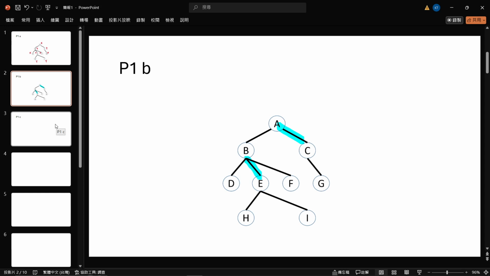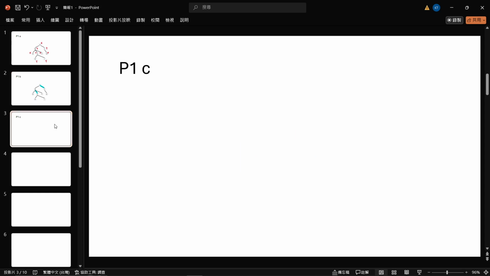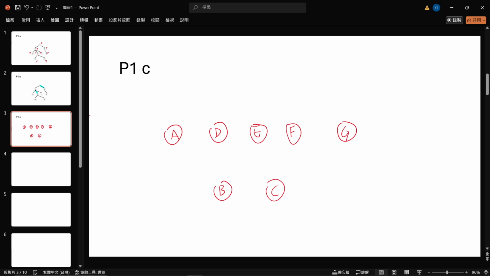To do this, I'm going to redraw the graph. This step is not necessary if you think you can just apply the algorithm on the tree.